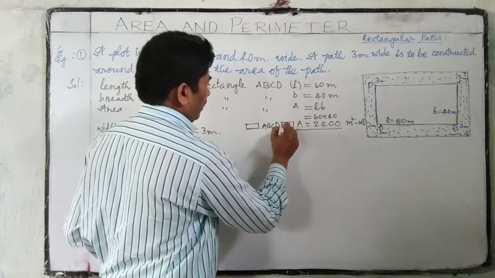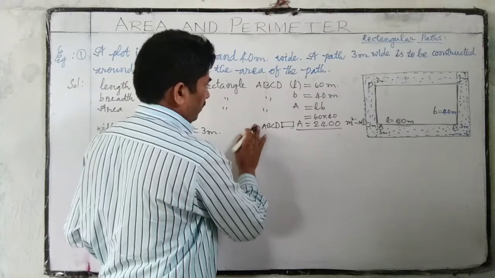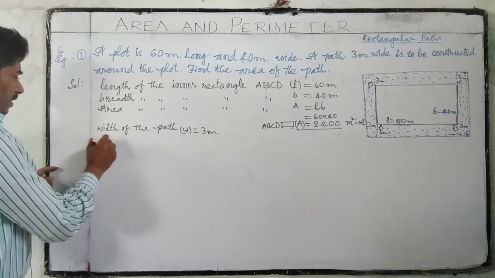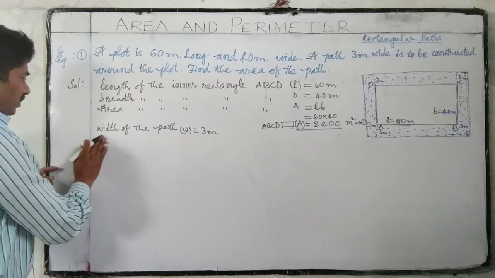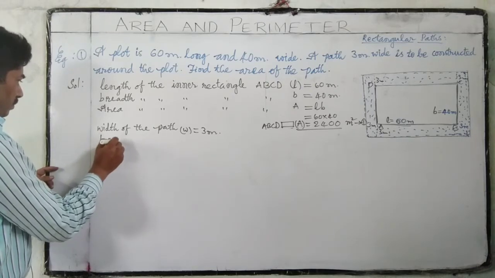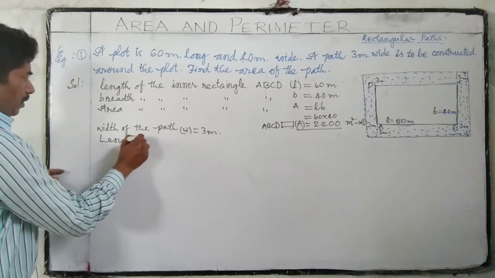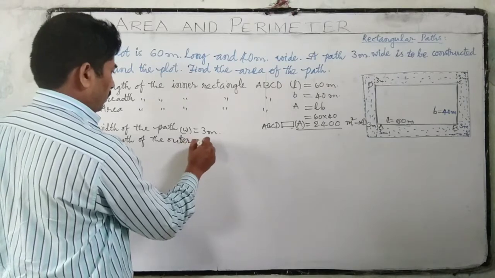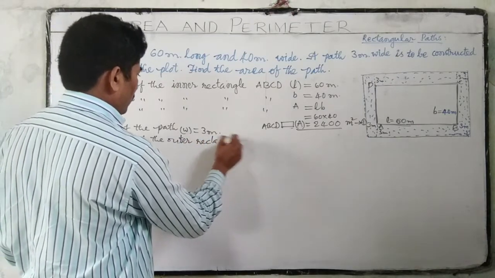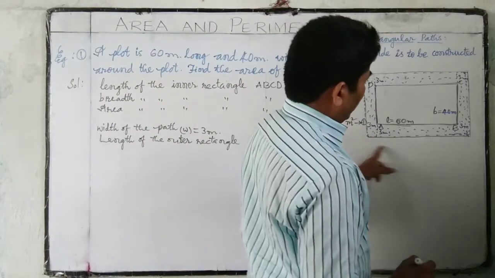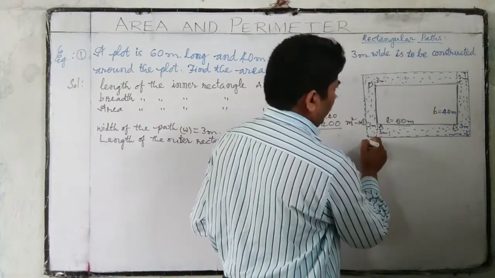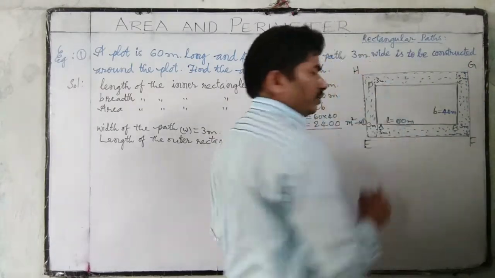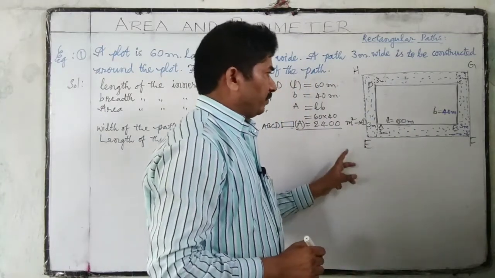Now for the outer rectangle, we can indicate E F G H to identify easily.